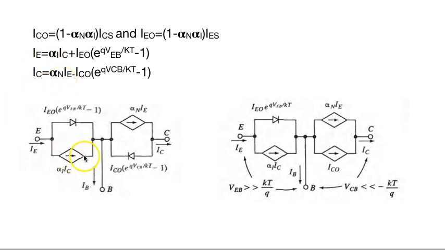IE in the normal mode you can represent by two diodes and two current controlled current sources, or three current controlled current sources with a diode.